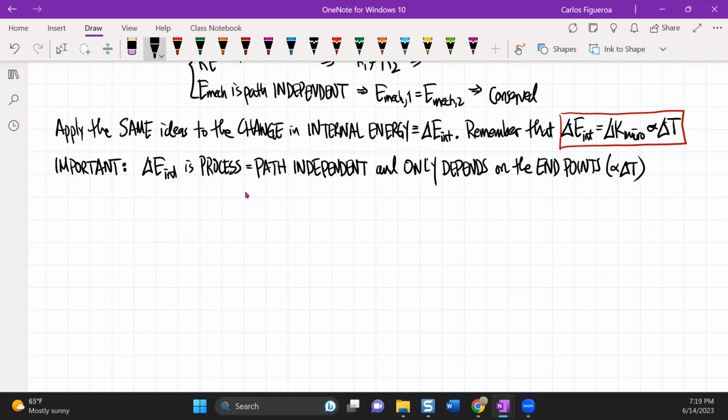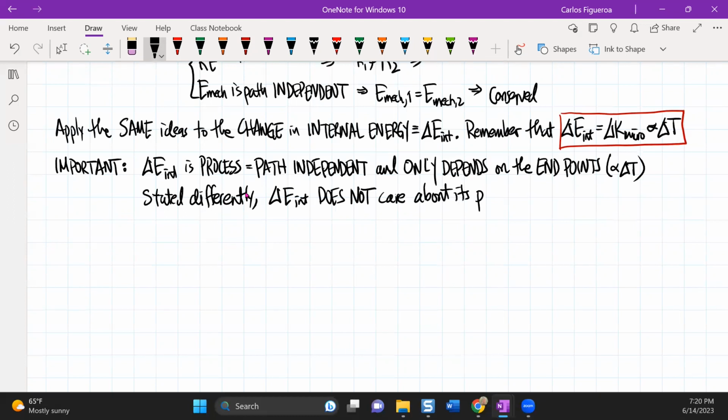So what's crazy about this, I could state it differently: the change in internal energy does not care about its past history. And what I mean by past history is the process that got it to those states, only the endpoints.